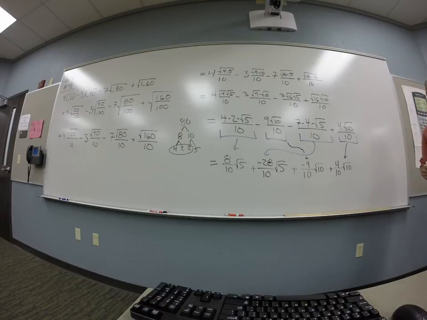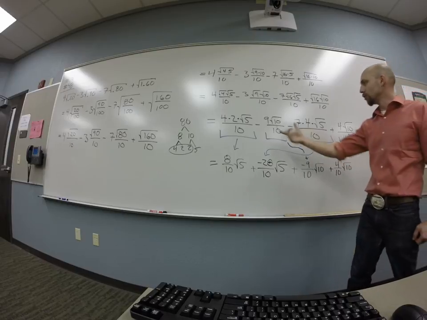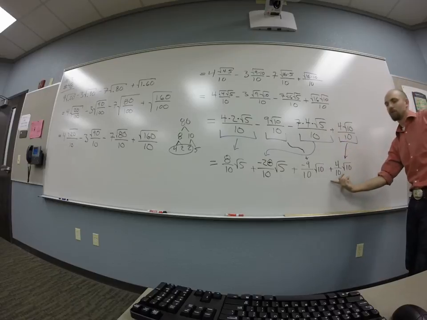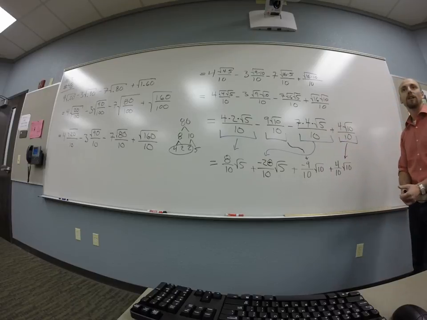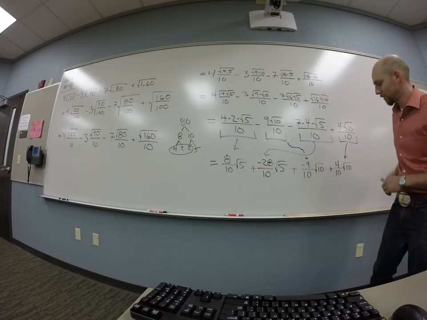Why did you switch them? So I grouped the blues together and the purples together, right? Because the blues were the ones with root 5s in them, and the purples were the ones with root 10s in them. So now these are like terms, right? And they're together. So if I want to get the right answer out of this, let's see.